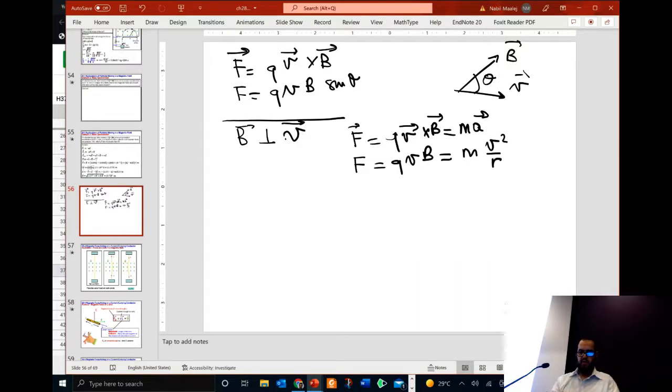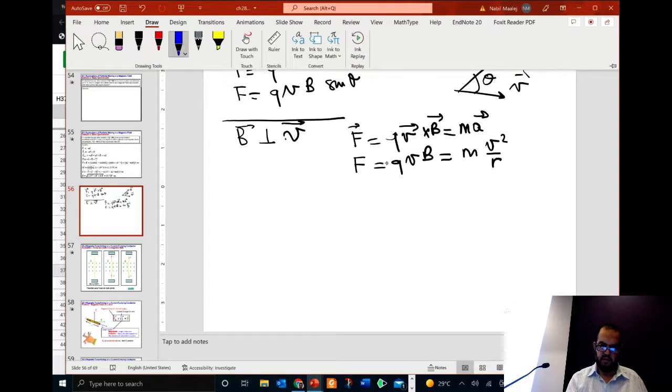From this we can deduce the radius of the rotation of this circular motion. We can also determine the velocity V using this equation.